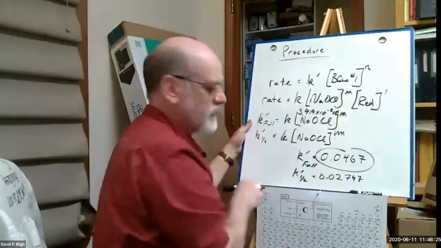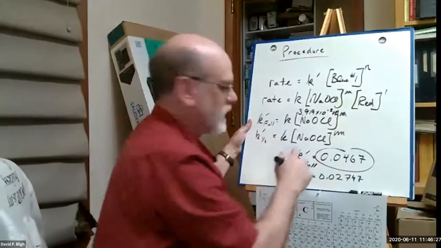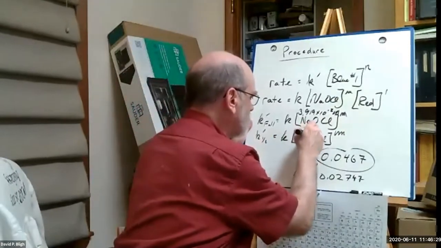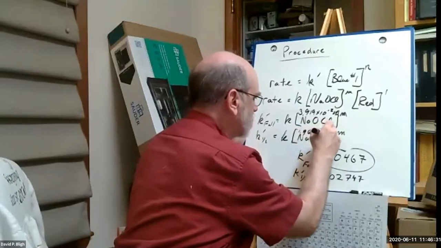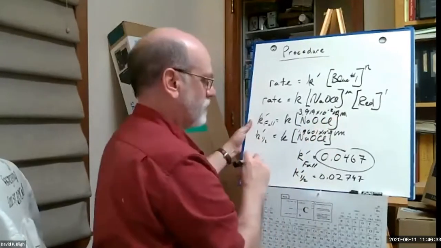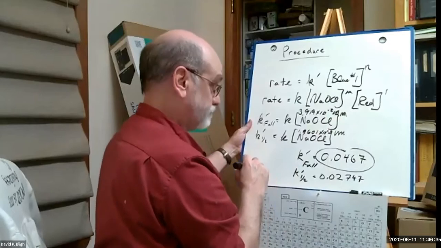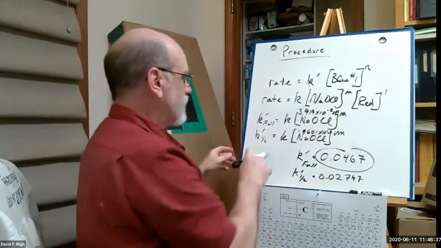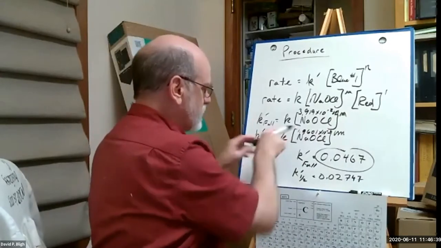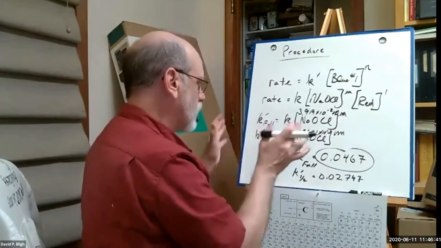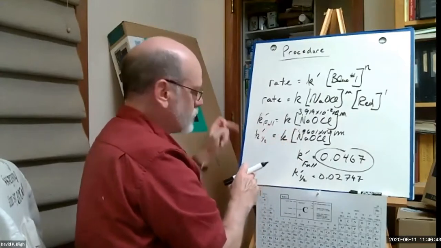And the concentration in this one is 1.9601 times 10 to the minus 2 molar. All right, and the K is unknown, but we do know the values for this.